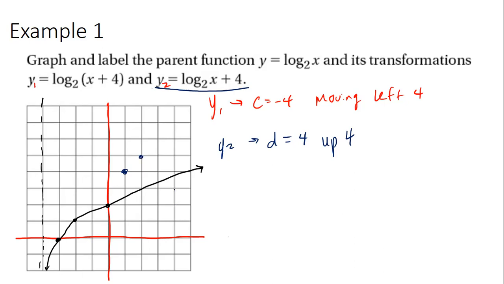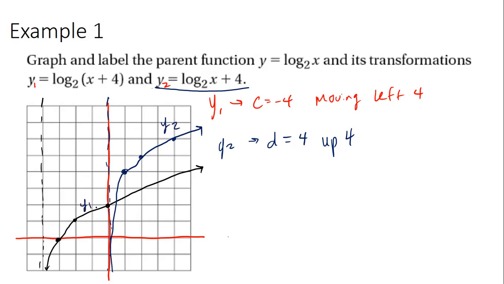Now I'm going to go 1, 2, 3, 4. And my asymptote didn't change, right? Because I didn't go left or right, so my asymptote is going to stay where it's at. Pretend that I'm drawing the best curve you've ever seen and that my points are all beautiful, but that's what it would look like. So this is my transformation for y2.